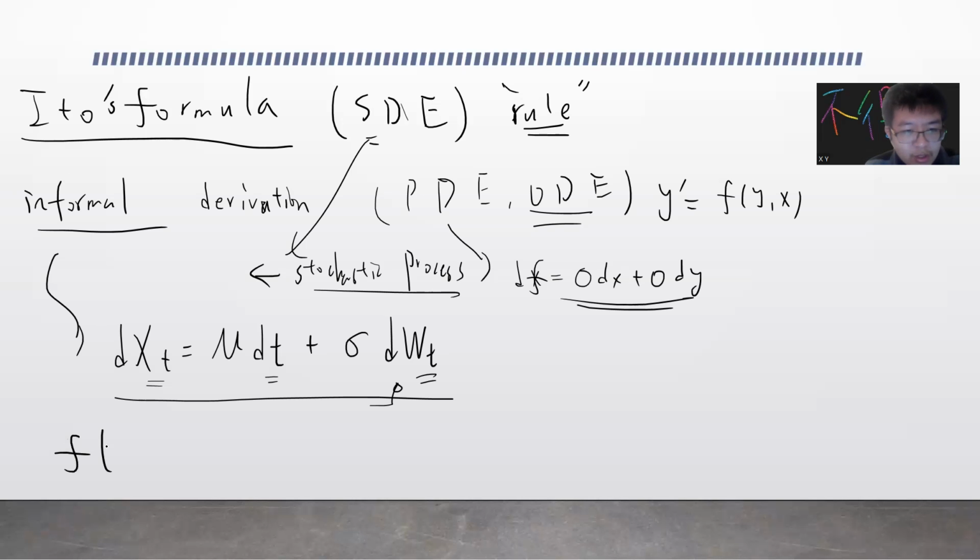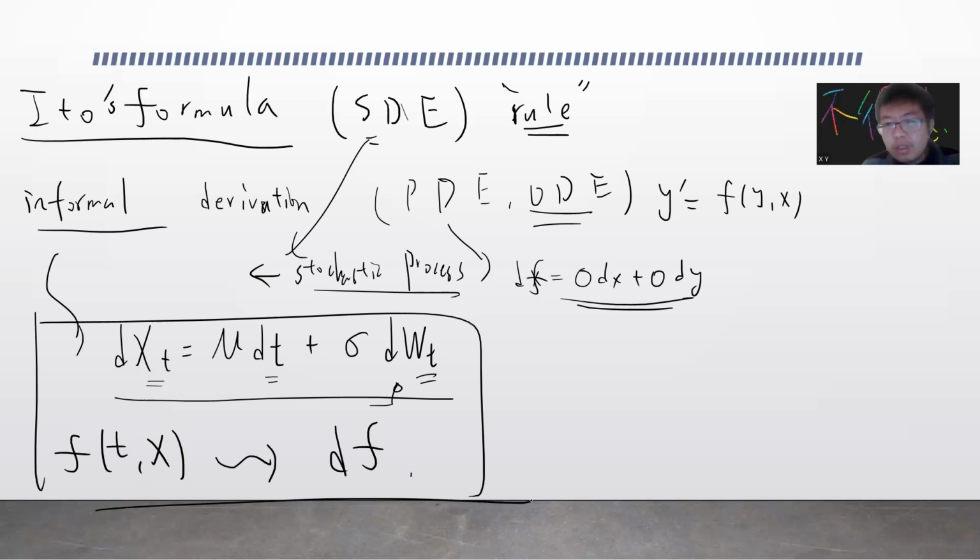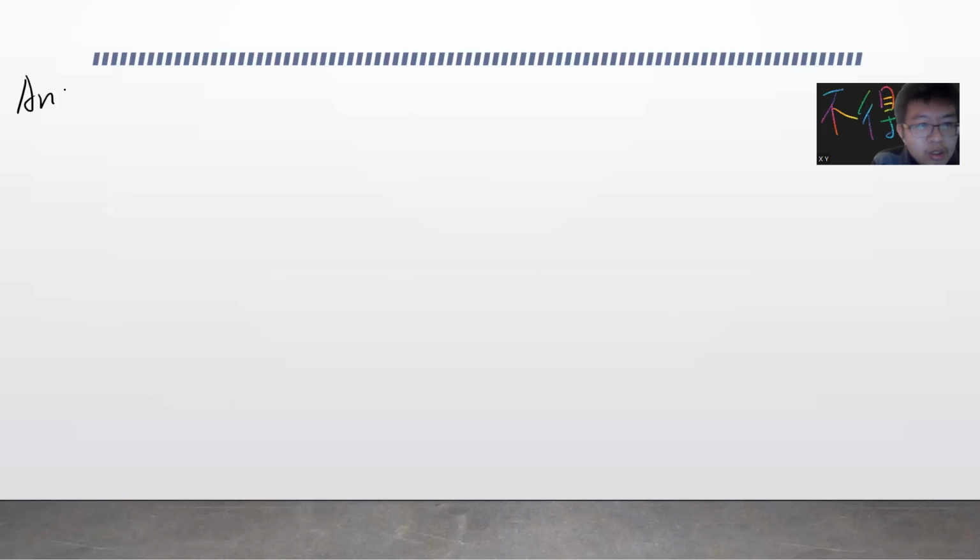So what Ito's formula basically tells you is the following. If you start from f of t and x, and you want to compute df, this is the result. You can prove this informally, or you just remember the answer. Let me just remember the answer. By the way, this is not a derivation, this is just a rule that I tell you.